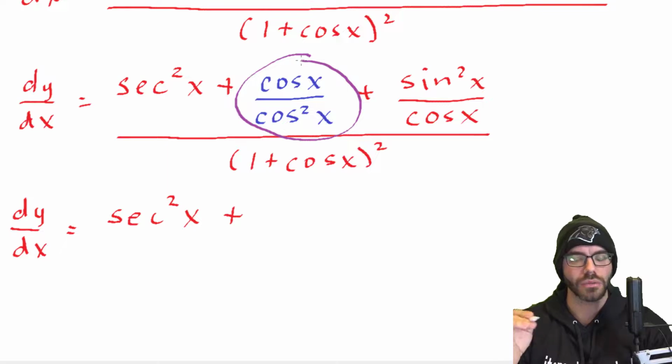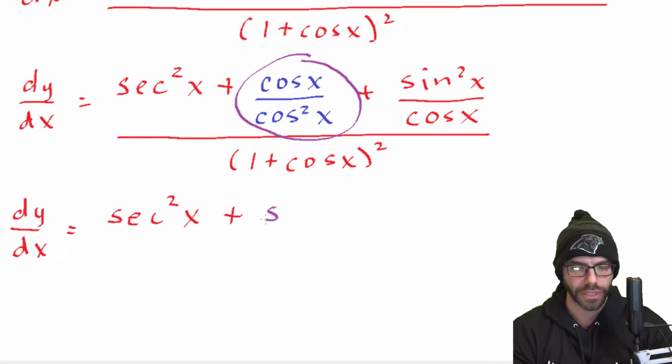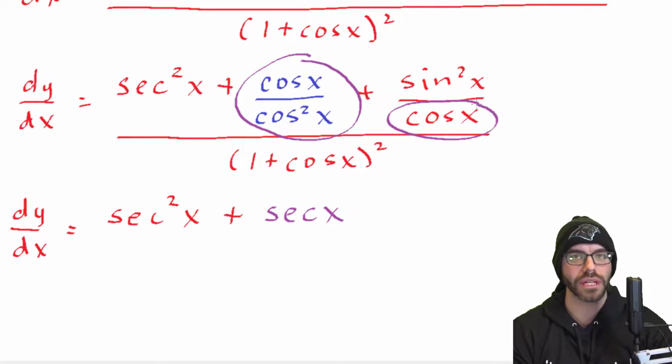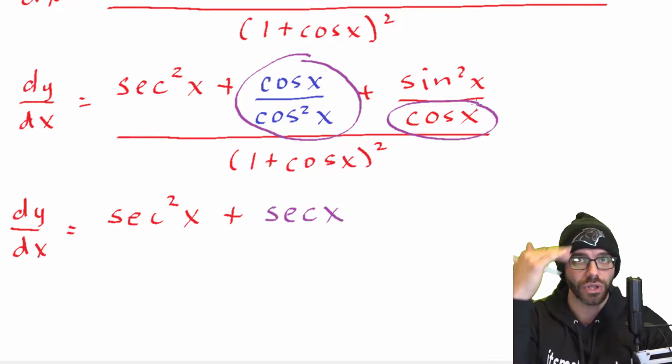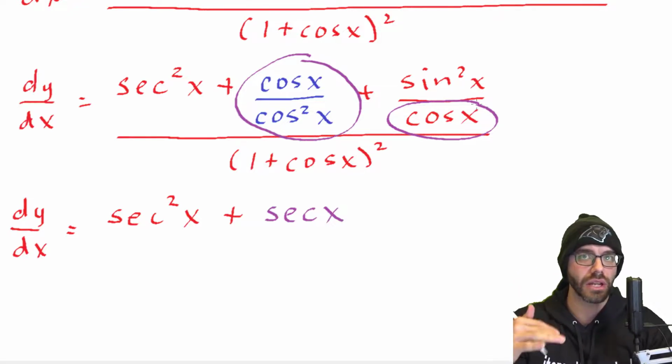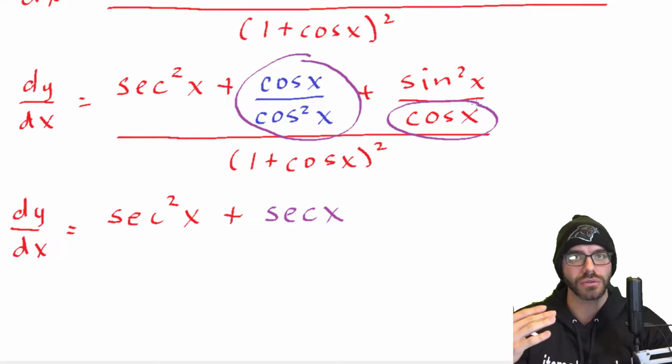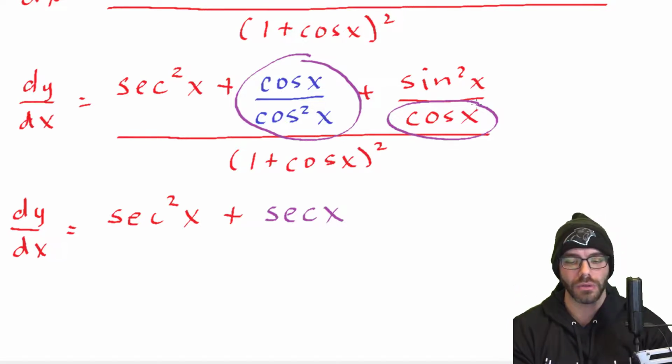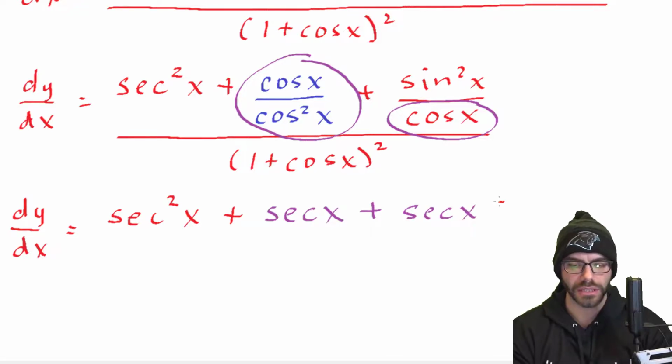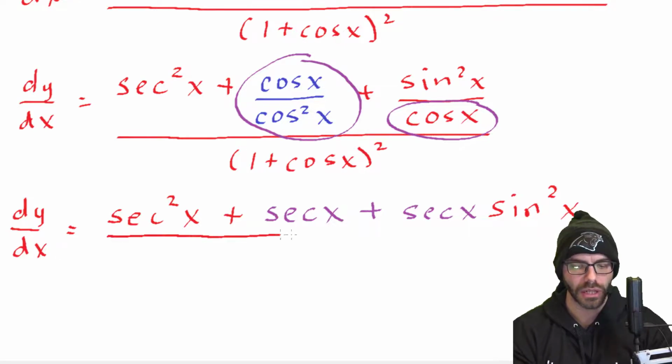But instead of writing it as 1 over cosine, I instead want to write it as secant. So that can be reduced down to just a single secant. And then at the same time, this cosine in the denominator there could be considered as 1 over cosine because that is in the denominator, and therefore I could use the reciprocal function secant there as well, and I'll have secant x times that sine squared x. And so now I have no denominators in all those terms in the numerator.